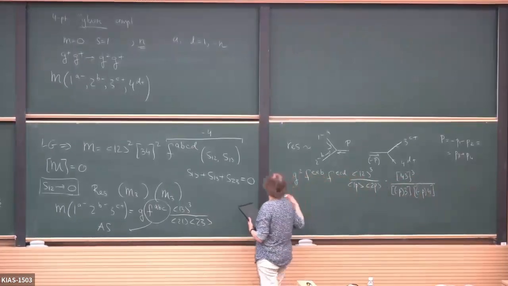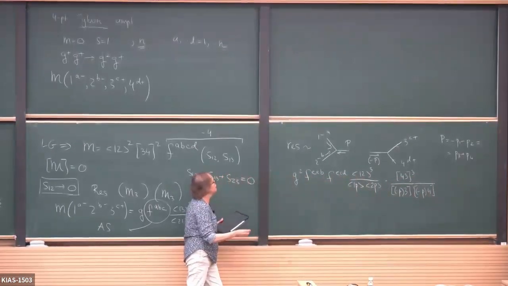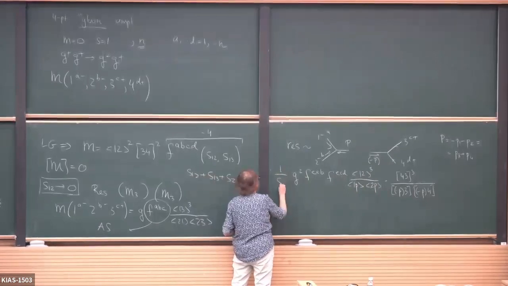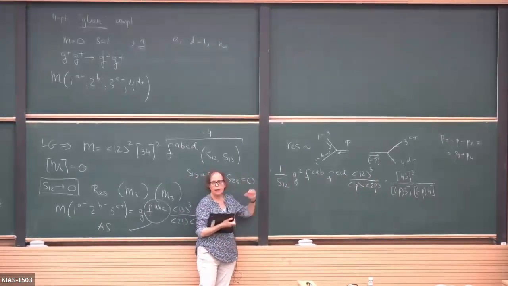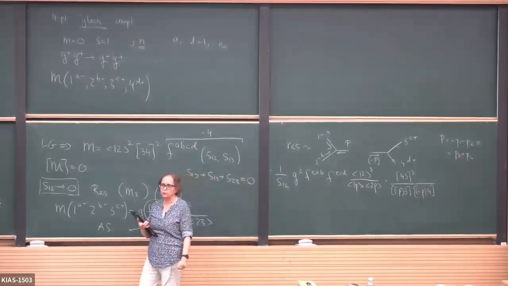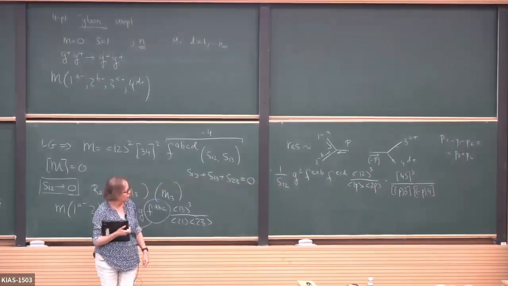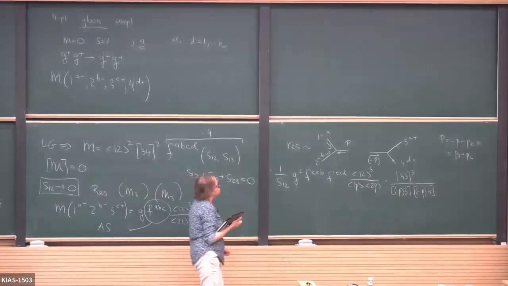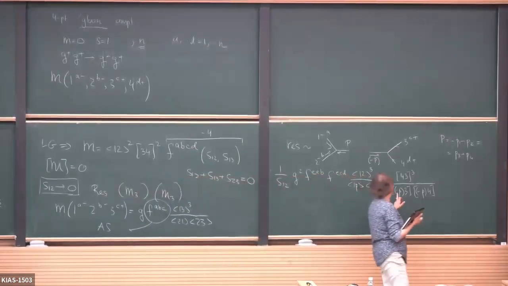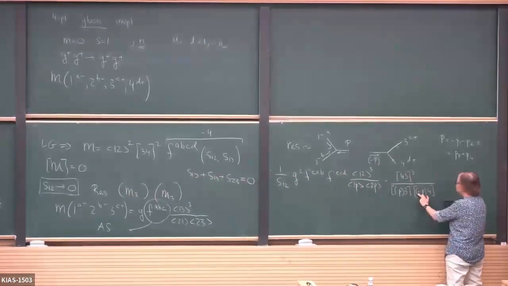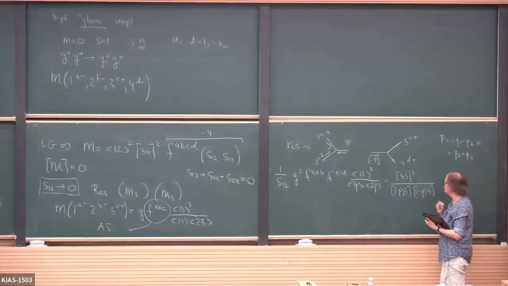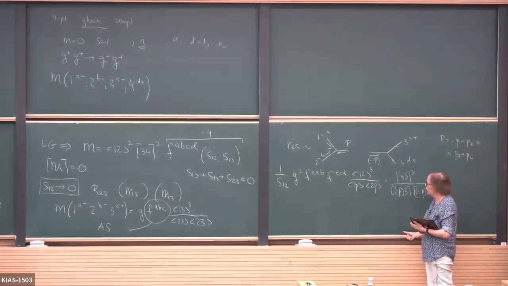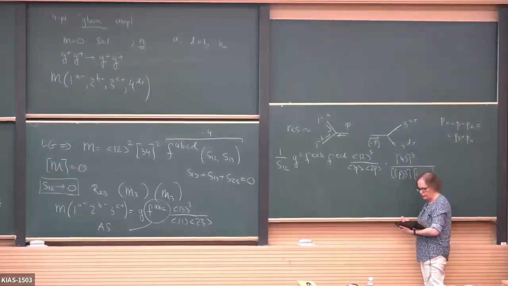And so my naive guess for the amplitude then is that it's going to have this form near S12 equals 0. Now I have this minus p appearing here, which is going to cost me a minus sign, it turns out, but it appears twice, so it doesn't matter.